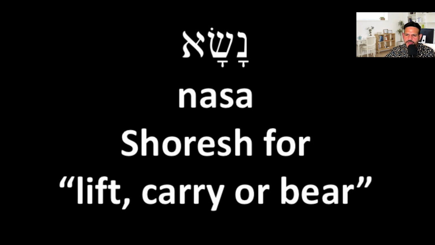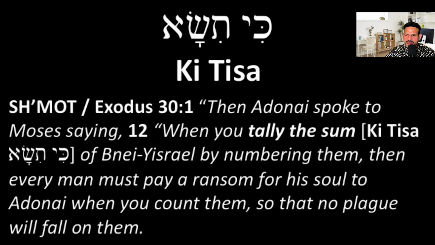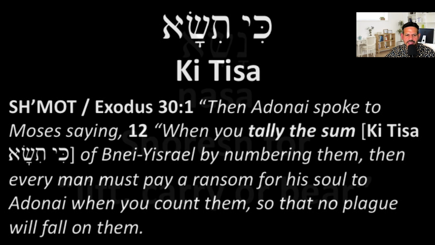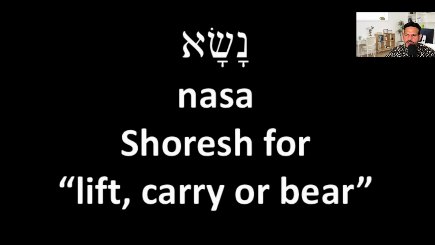So when you talk about this root nasa, the noon is going to go away, and instead we're going to have ki tisa. Ki literally can mean because or as a result of something, and in tisa, the letter tav is there instead of the letter noon. So we have the sheen and the aleph, which are still holding their place, second and third place, if you will, in the root of the word.